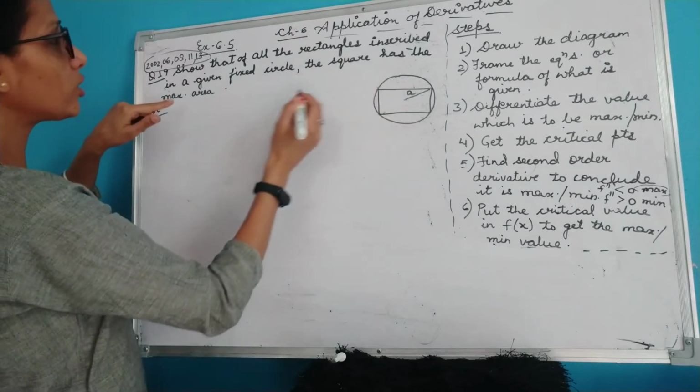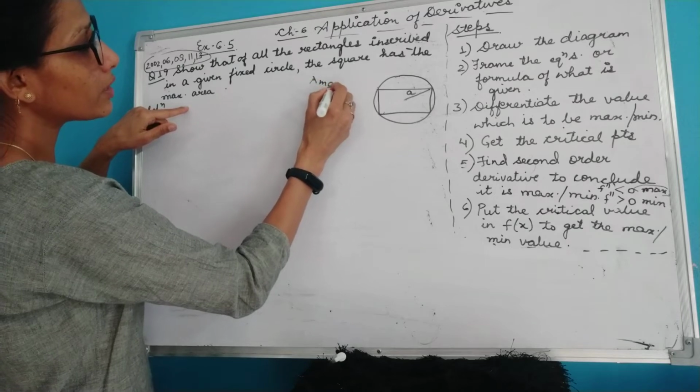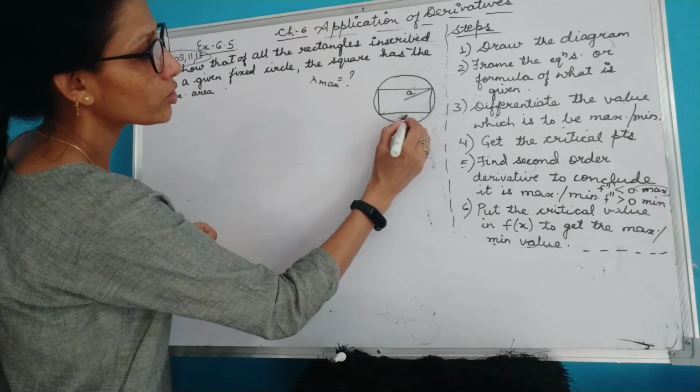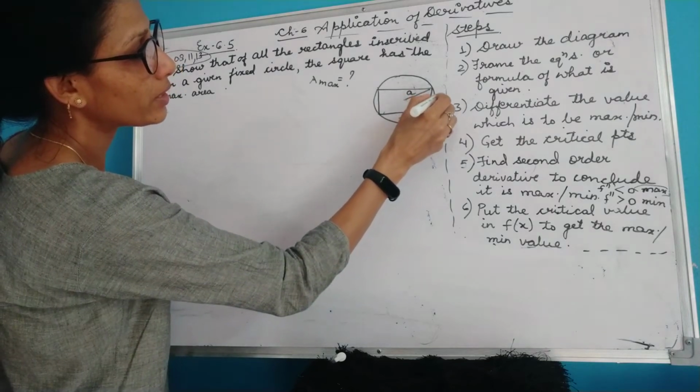That means we need to maximize the area over here. Now let's take this length as 2x, and this breadth as 2y.